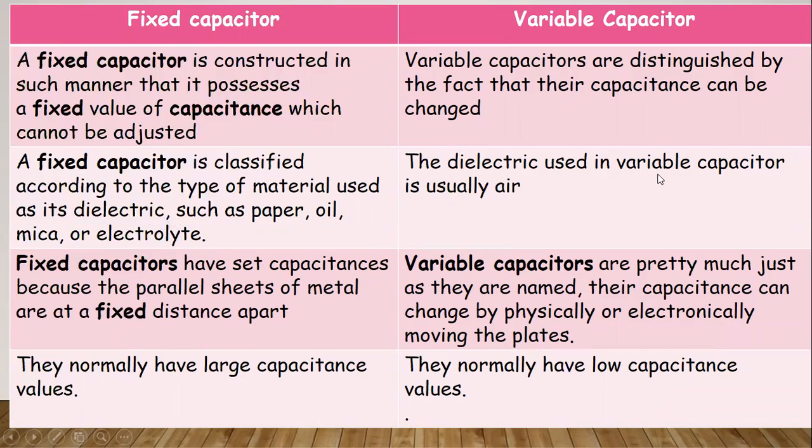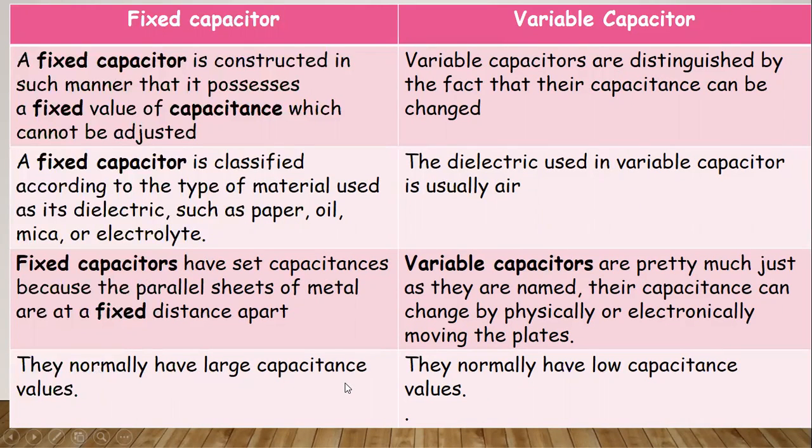The dielectric used in a variable capacitor is usually air. Fixed capacitors have set capacitance because the parallel sheets of metal are a fixed distance apart. Variable capacitors are adjustable, as their name says. Their capacitance can change by physically or electronically moving the plates.